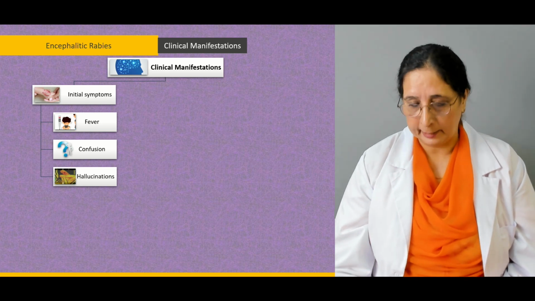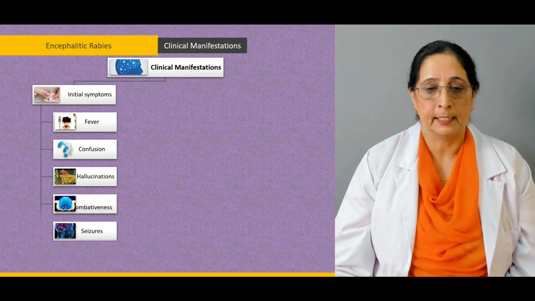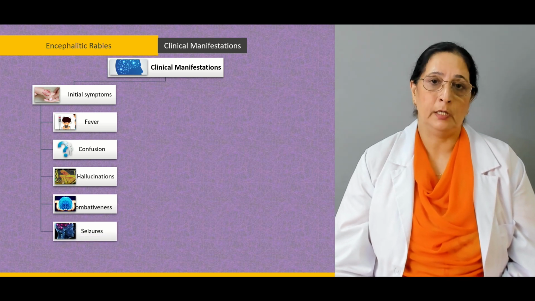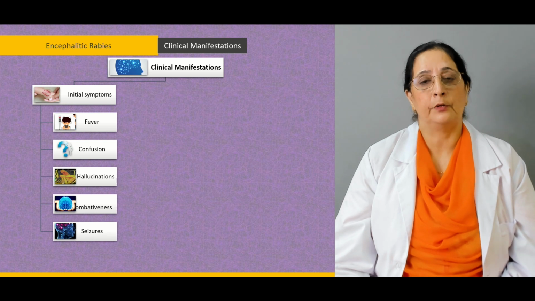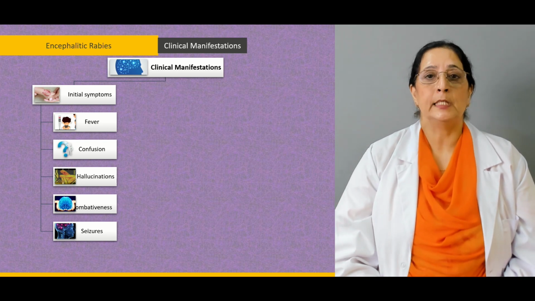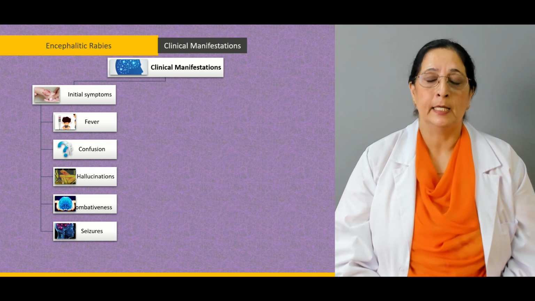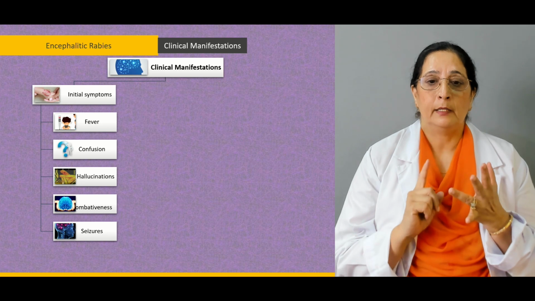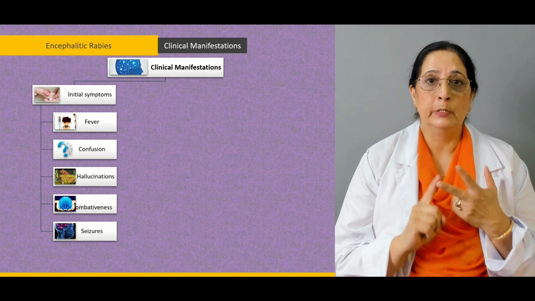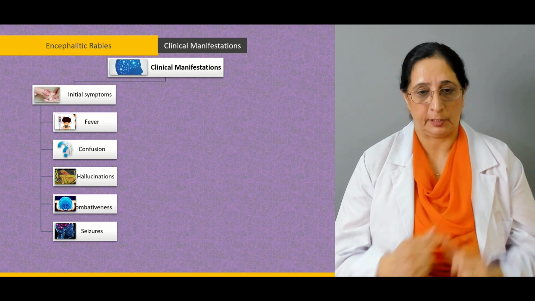They have combativeness and seizures. So all these are the initial symptoms of the patient with encephalitic rabies, which 80% of the patients have. They have fever, confusion, hallucination, combativeness, and seizures.